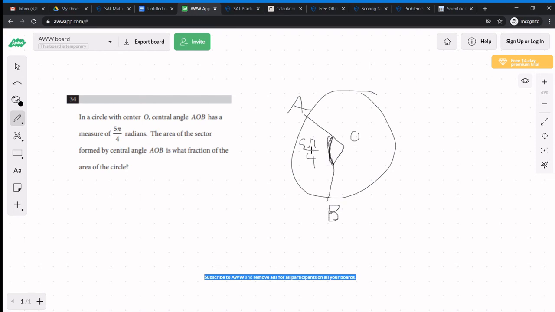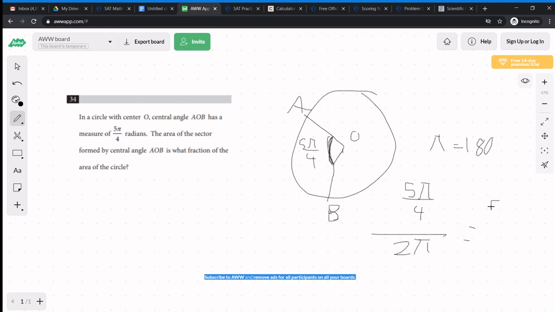So since we're dealing with radians, and pi radians equals 180 degrees, there's going to be 2 pi radians in the entire circle. And so we're going to have 5 pi over 4 over the entire 2 pi in the circle. Let's bring this down.